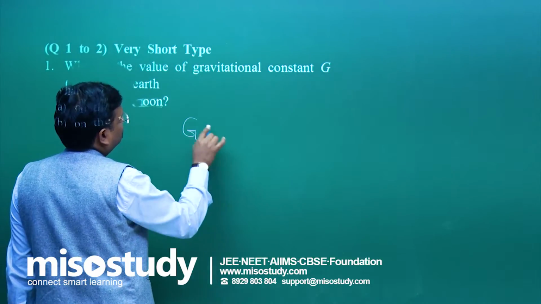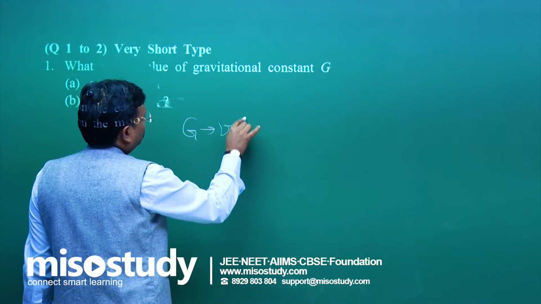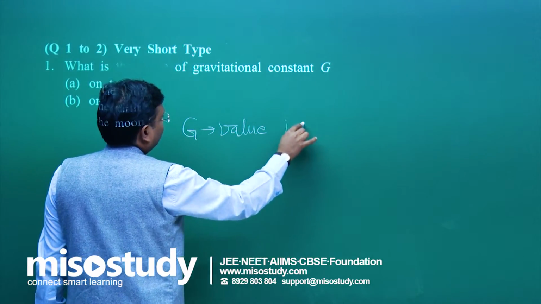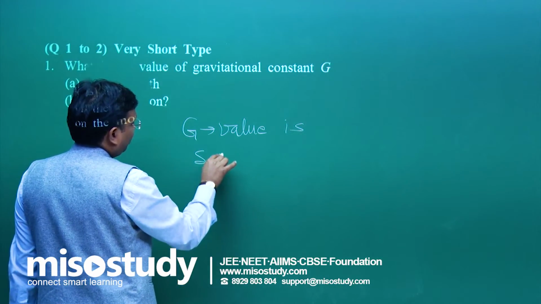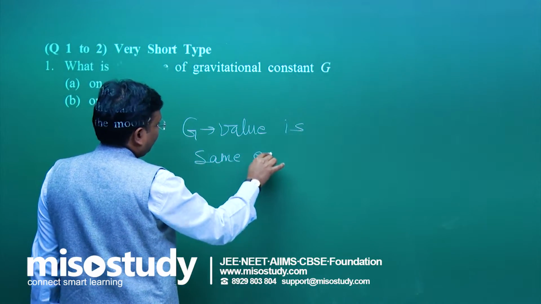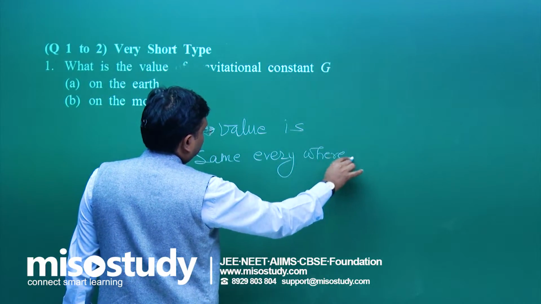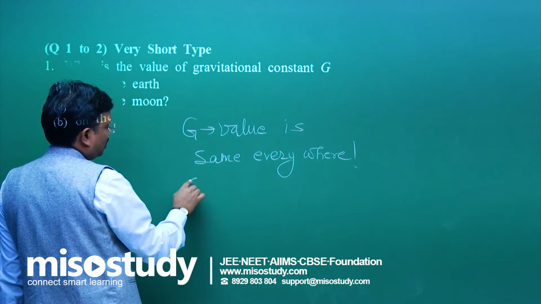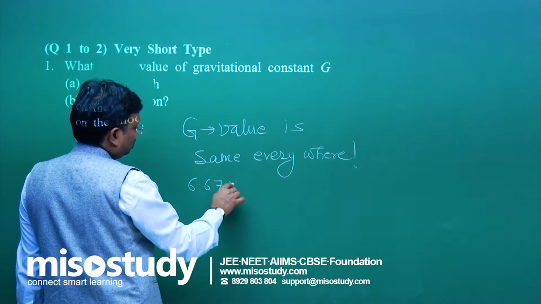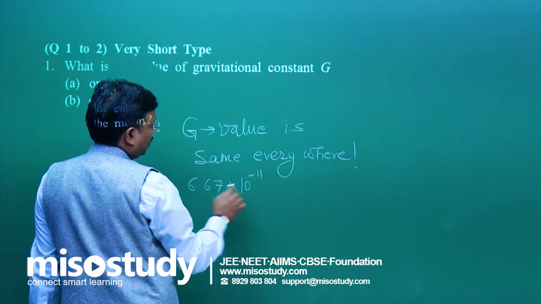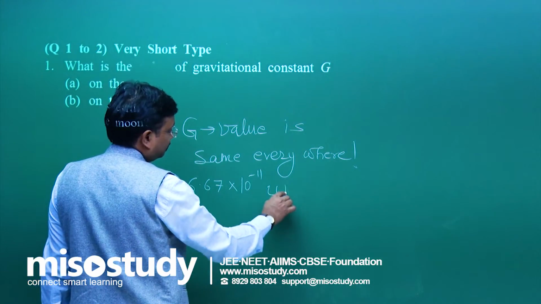So, the value is the same everywhere, that is 6.7 times 10 to the power of minus 11 units.